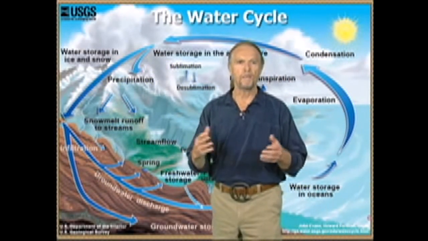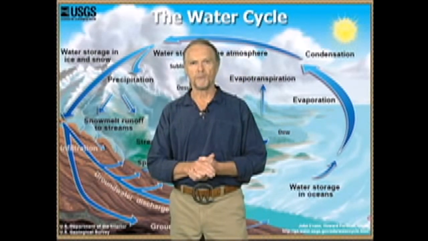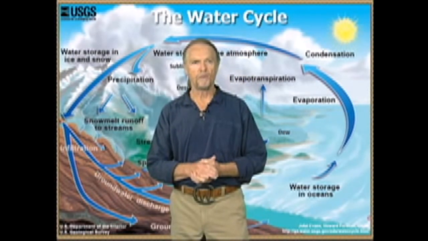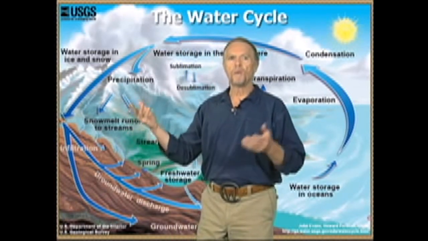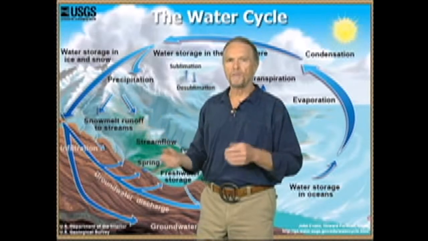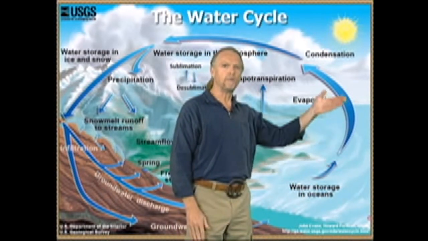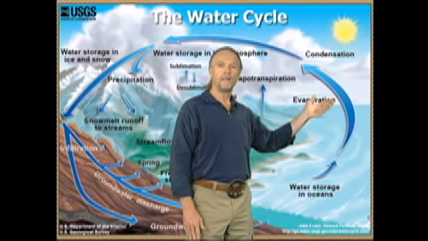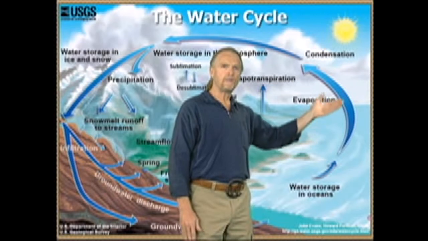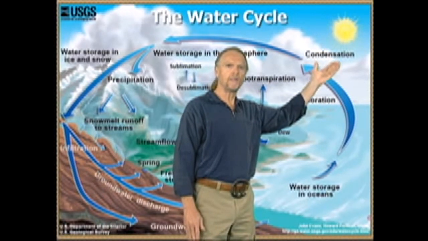What you see behind me is basically the old water cycle, the one that you are all familiar with. So what we have is evaporation from Earth, and this evaporation takes place from all the surface bodies of water on Earth, and it is a system that is driven by the heat of the sun's energy.